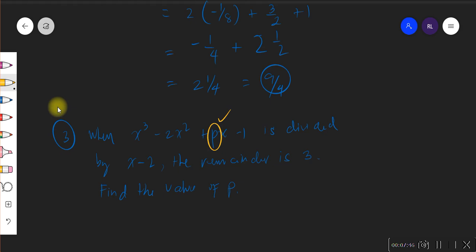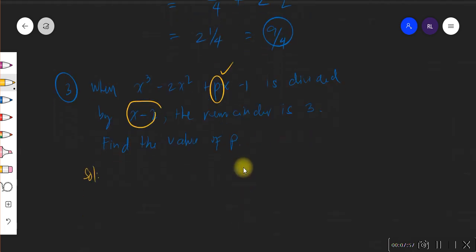Again, the same principle. We know that x minus 2 gives x equals 2. We know that p of 2 is the remainder, which is equal to 3. So it's the same principle as a while ago.